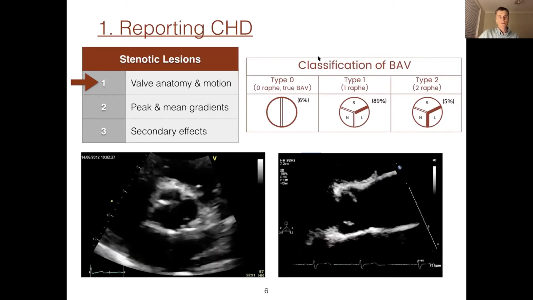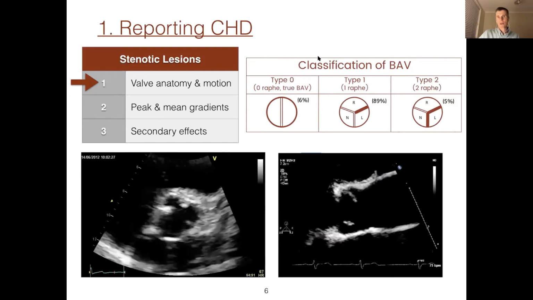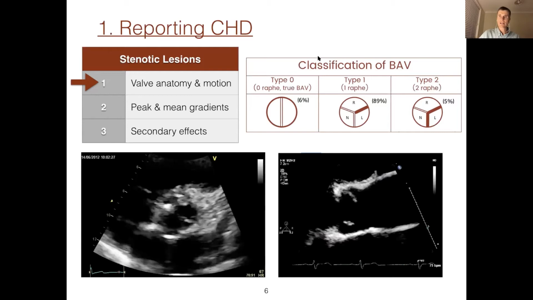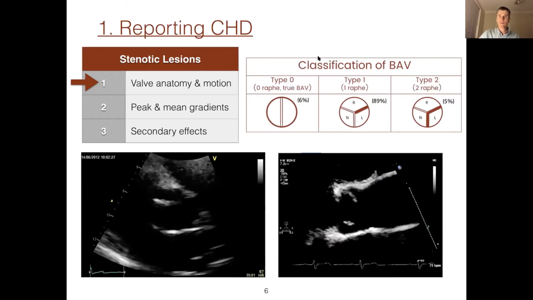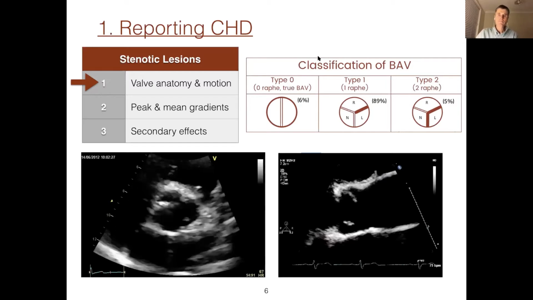So can't do it exactly very easily here, but on an echo machine it's quite easy to slow your image down, and that's a nice way of confirming that.